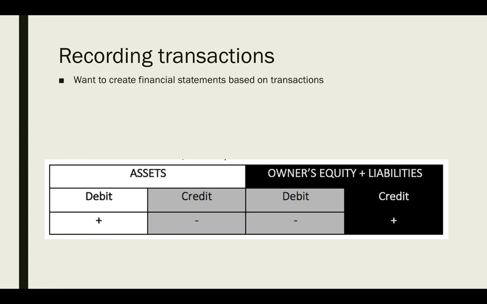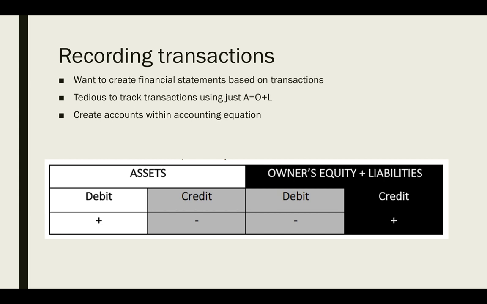So, remember that we want to create our financial statements based on the actual transactions of the business. It's very tedious to track the transactions just using the accounting equation. And so therefore what we do is we're going to create accounts within the accounting equation for vehicles, equipment, bank, capital, current income, advertising, vehicle expenses, and liabilities for the business that we've just looked at.